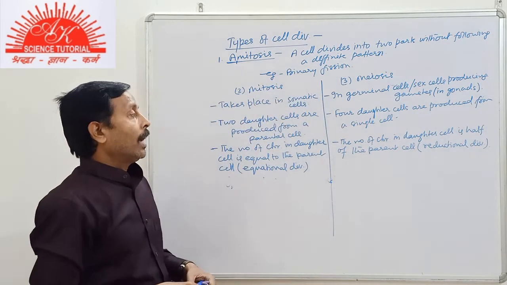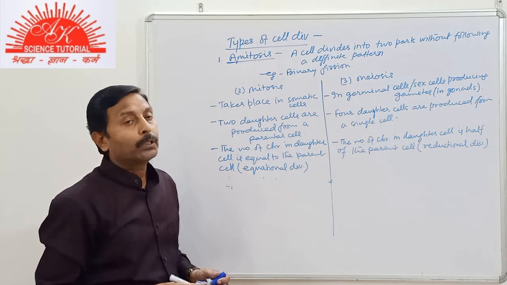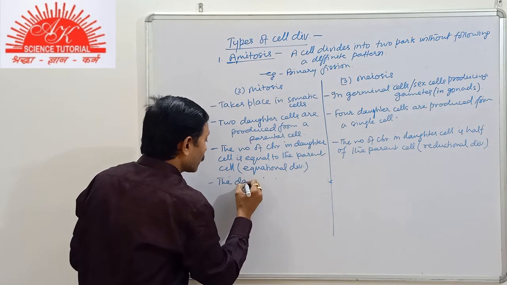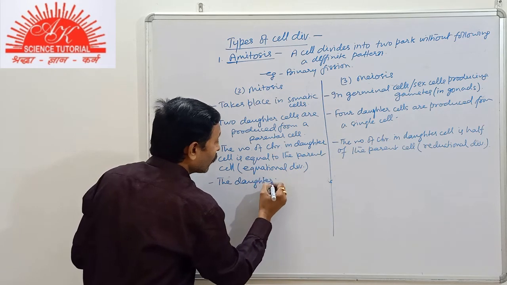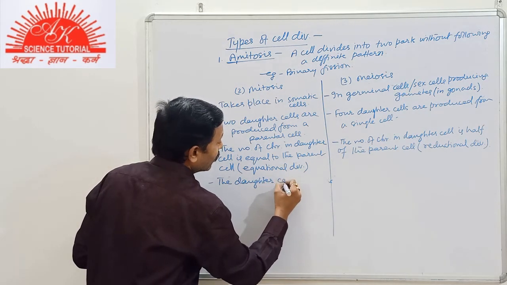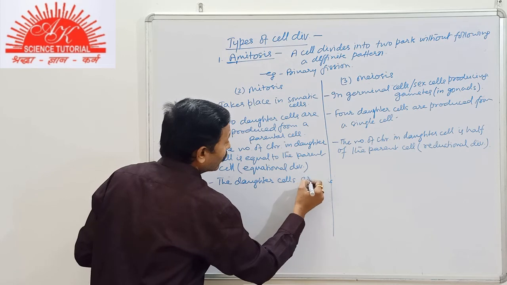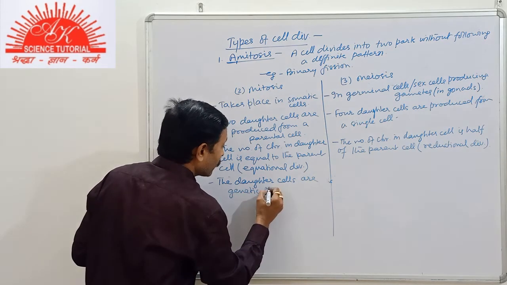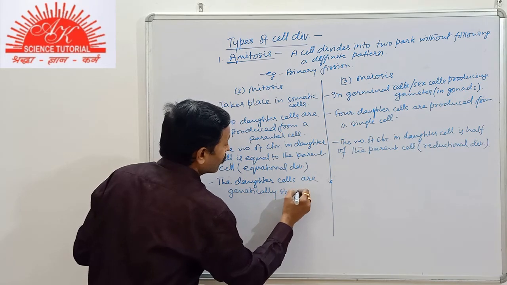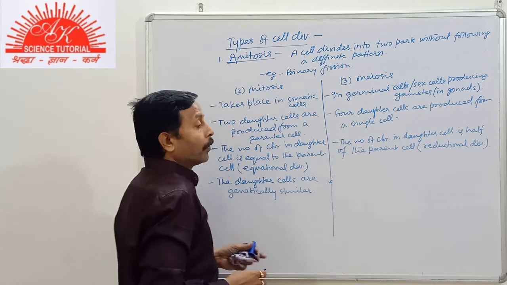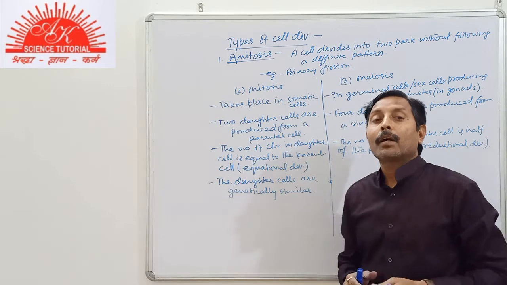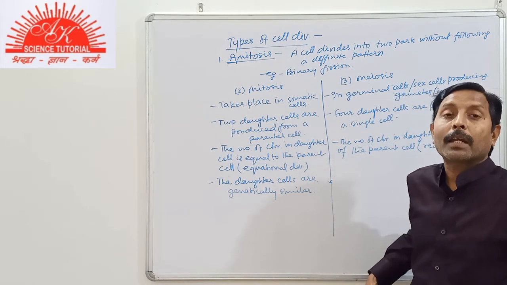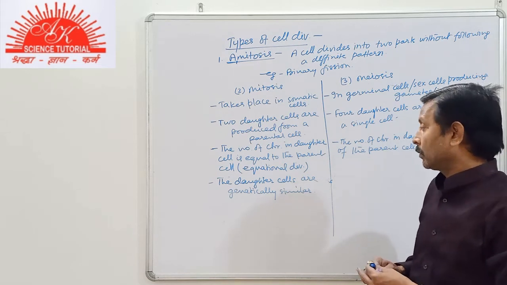Next, about the genetic composition. The daughter cells are genetically similar. This means there are no genetic changes between parent cell and daughter cell, and hence a similar type of cell is formed.